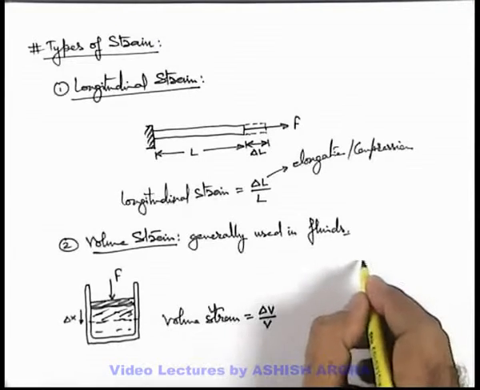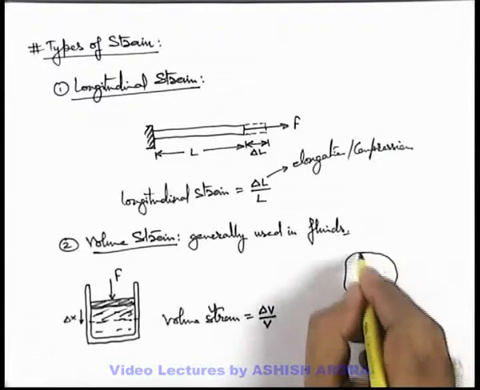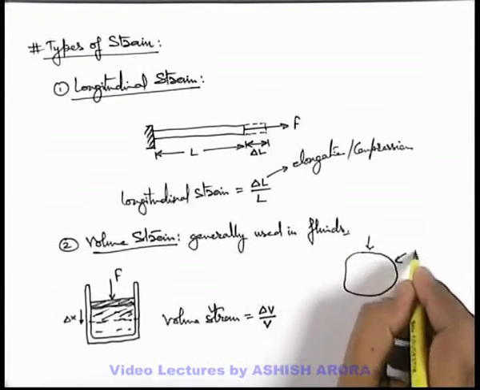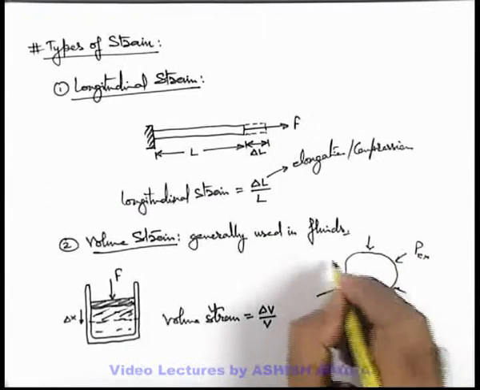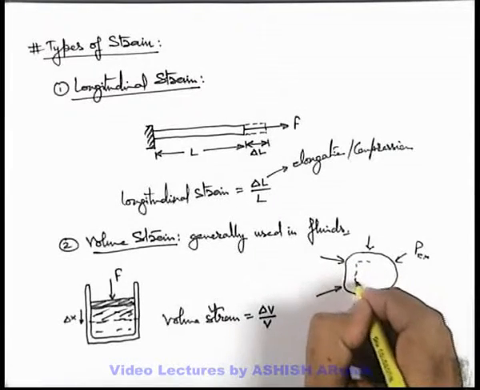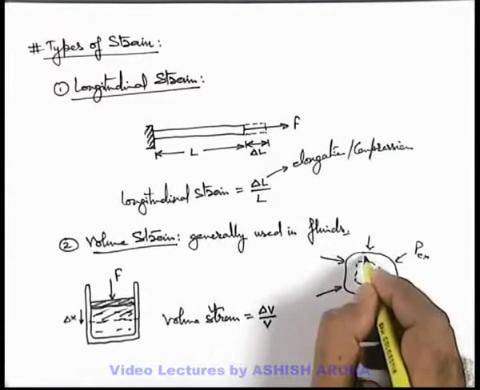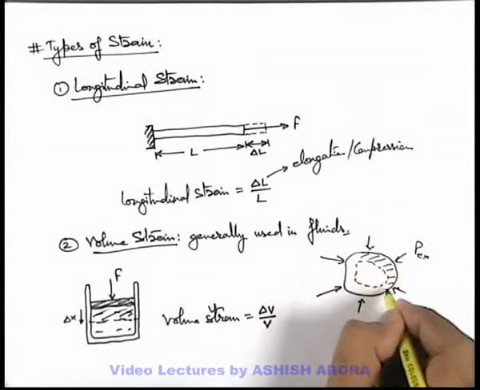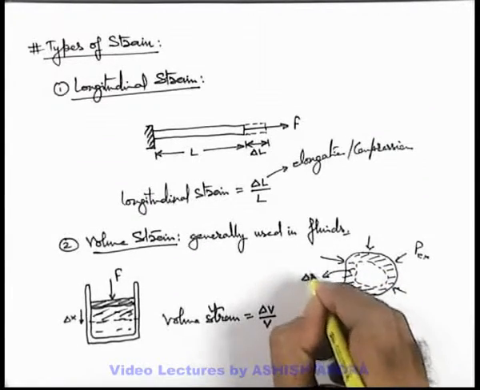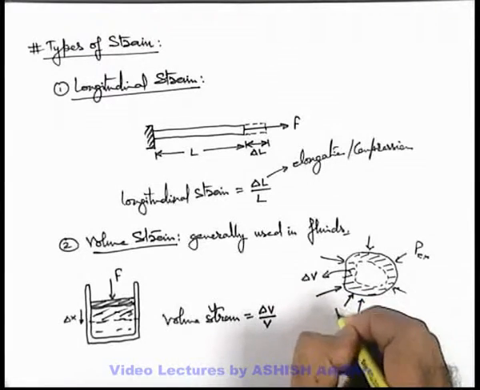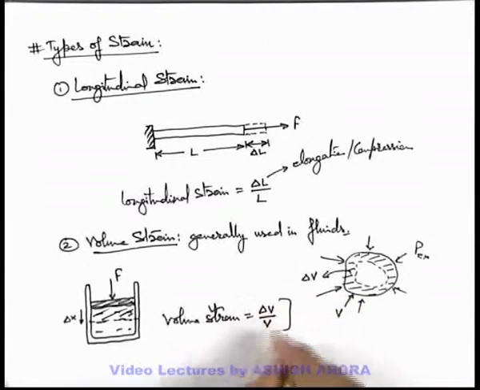Similarly, if there is a fluid body on which from all directions an excess pressure is applied, then due to this excess pressure it may be possible that the size of body will get reduced. If this decrease in volume is delta V and original volume of body was V, then volume strain can be defined as delta V by V.